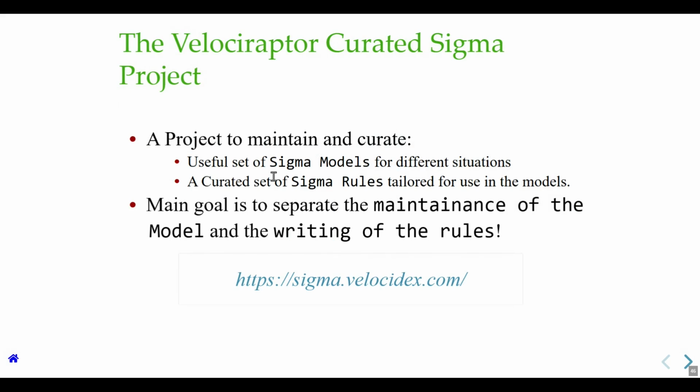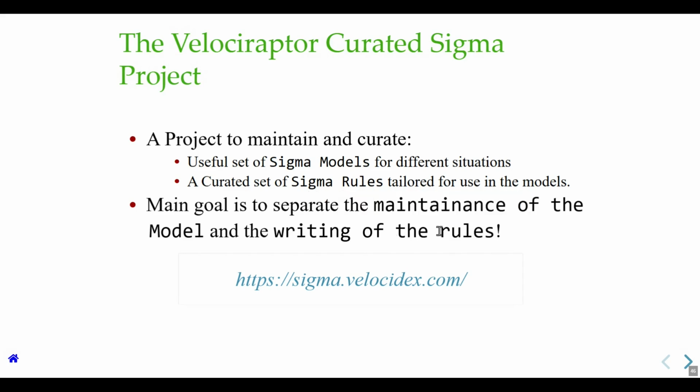So we need to maintain our official, curated Sigma models. We have this project here, another separate open source project to maintain Sigma models for Velociraptor for different situations, and also curate different Sigma rules. The main goal is to separate the maintenance of the model from writing the rules.